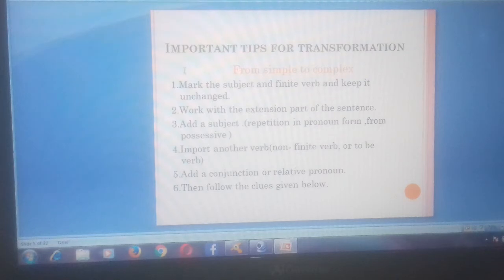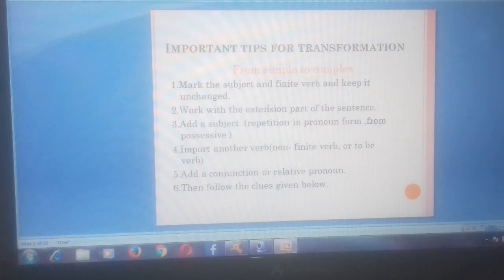Now I will try to provide you with important tips for transformation from simple to complex. First of all, mark the subject and finite verb and keep it unchanged. We will not change the finite verb and subject, it will be retained. Number 2, work with the extension part of the sentence. Only the extension parts will be changed.